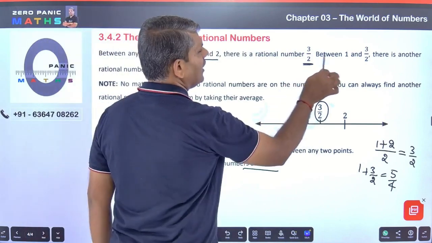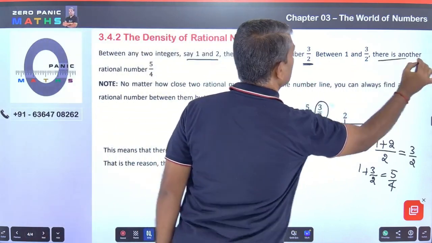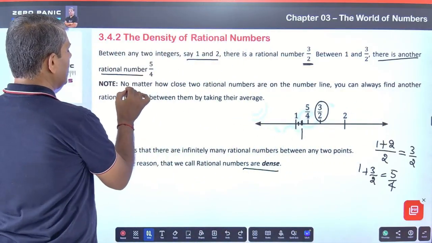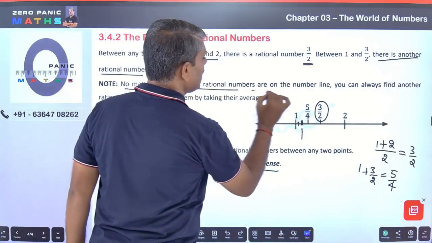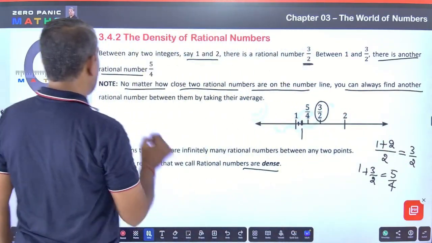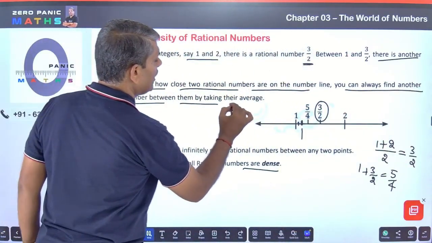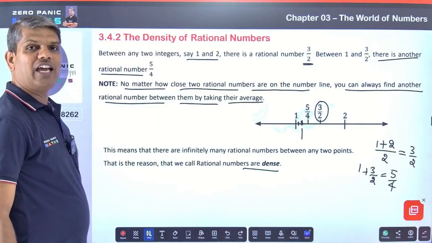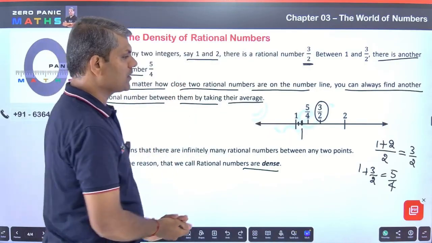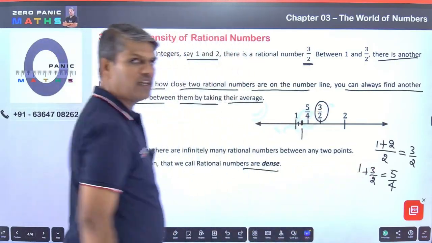So they are saying between 1 and 3 by 2, there is another rational number, 5 by 4. So note that no matter how close the two rational numbers are on the number line, you can always find another rational number between them by taking their average. Average means the midpoint of the two given numbers. That is what I explained here.